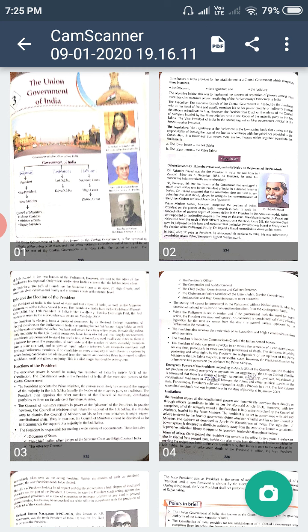I will explain you again. Electoral college consists of the elected members of parliament as well as the elected members of state assemblies. So all together they form an electoral college, and this electoral college elects the president for a term of 5 years. Now what are the functions of the president?